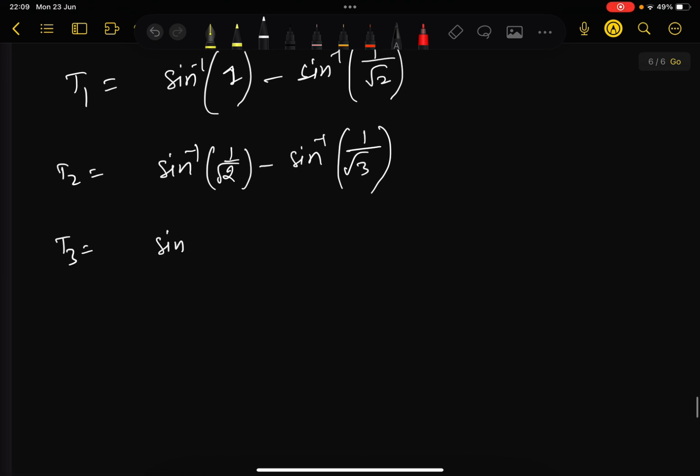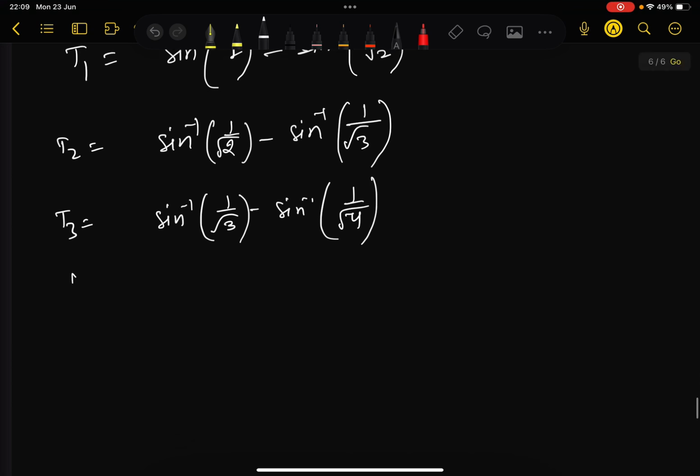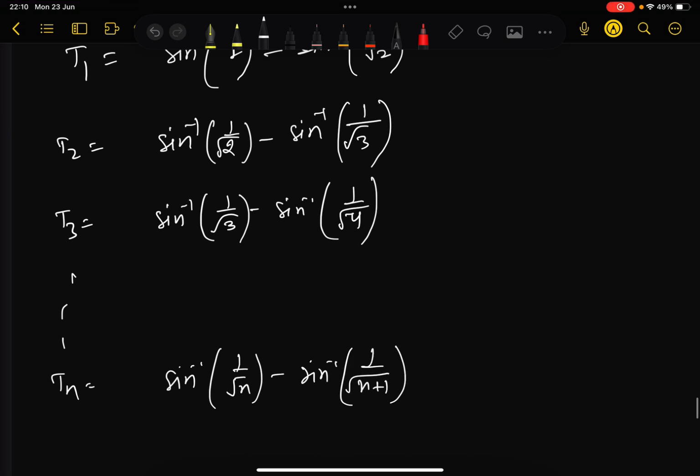So t3 is sine inverse 1 upon root 3 minus sine inverse of 1 upon root 4, right, that is n plus 1, n is 3, that means here we will get root 4. So similarly, what is tn? Tn is sine inverse 1 upon root n minus sine inverse 1 upon root n plus 1, right?